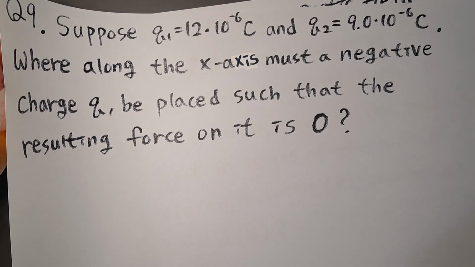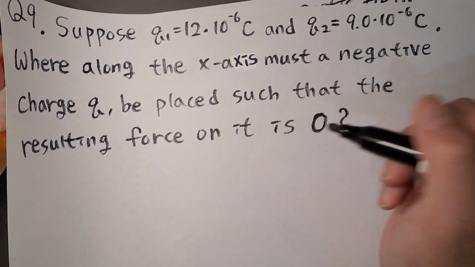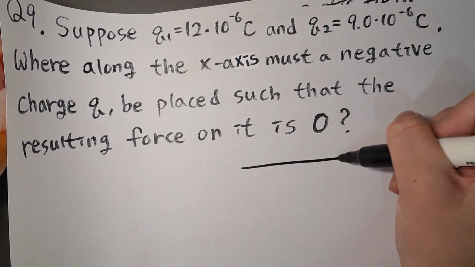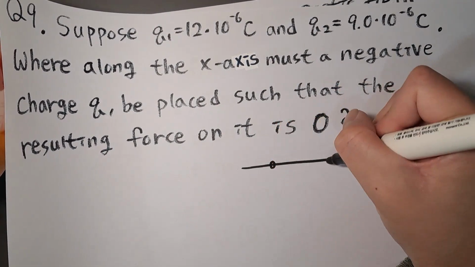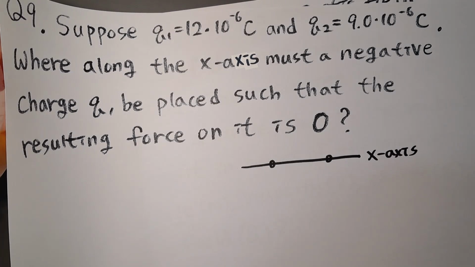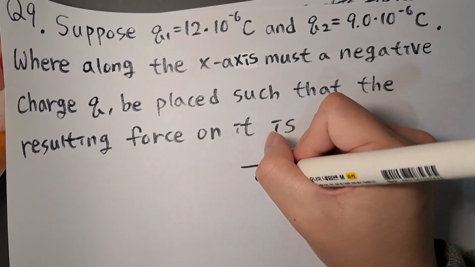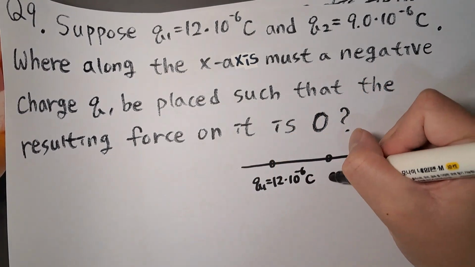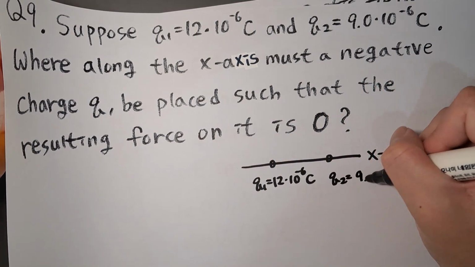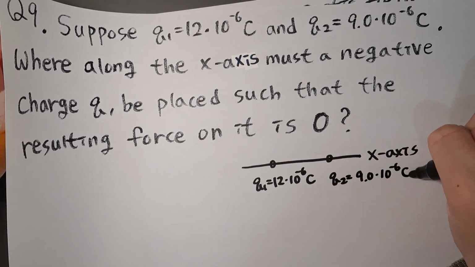So this is gonna be the x-axis, and this is charge 1 and charge Q. So this is the magnitude of charge 1, and this is the magnitude of charge 2.